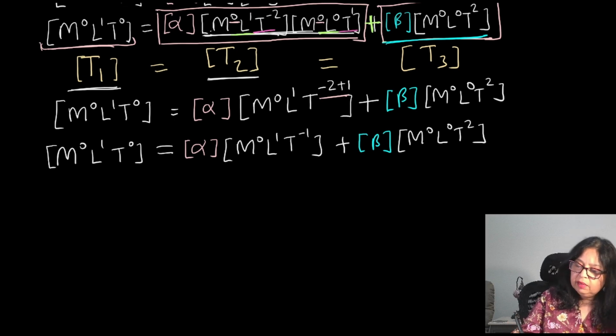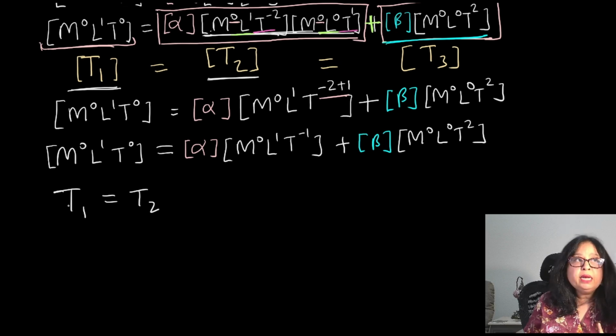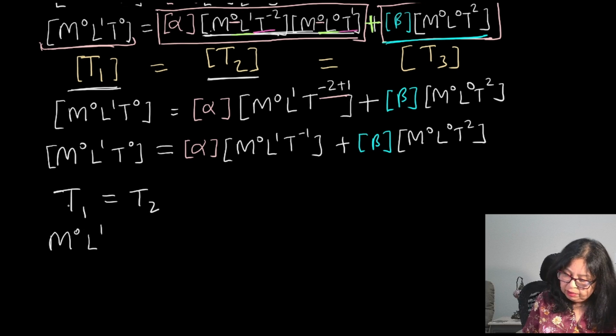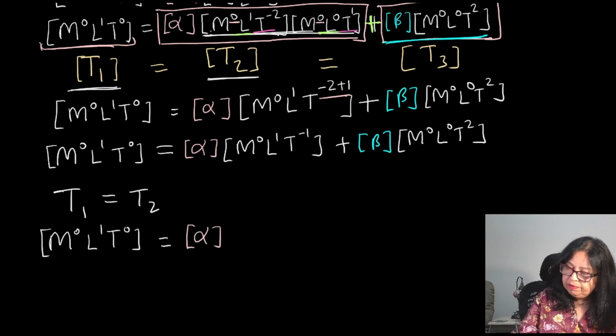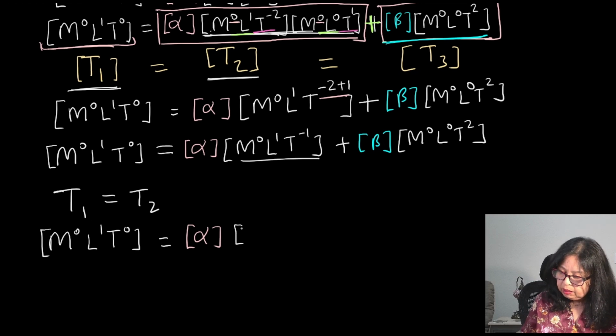So that's exactly what I'm going to do. I'm going to equate T1 with T2. What did I say T1 is? T1 is the left-hand side of the equation, M0 L1 T0. And T2 is the dimensional formula of alpha times M0 L1 T minus 1.